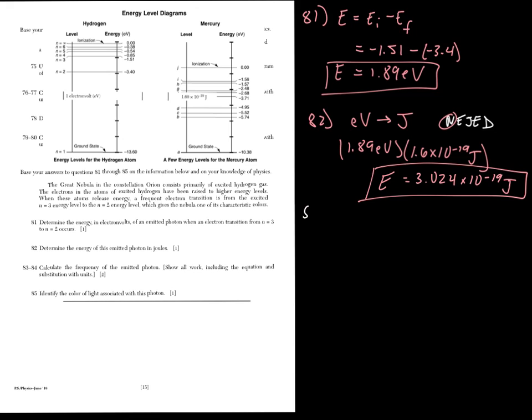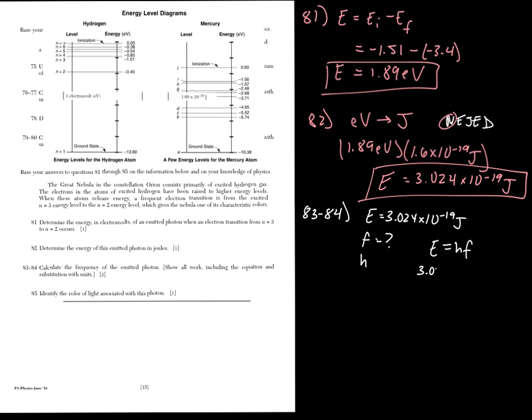All right, 83 to 84. What is the frequency of the emitted photon? So now we got our energy in joules. So again, you have to carry these answers over. We're looking for frequency. So what's the equation that relates these? Well, it's going to use this value as well, h. So E is equal to h times f.